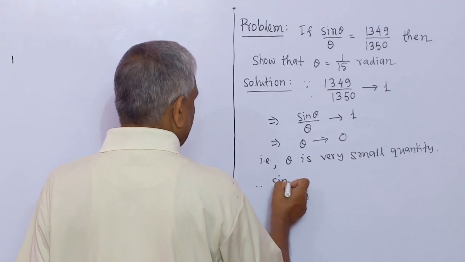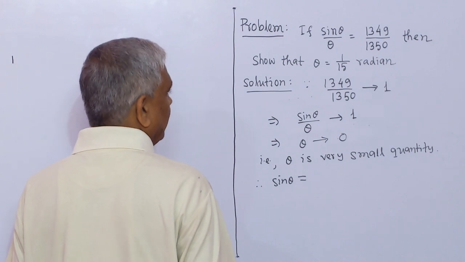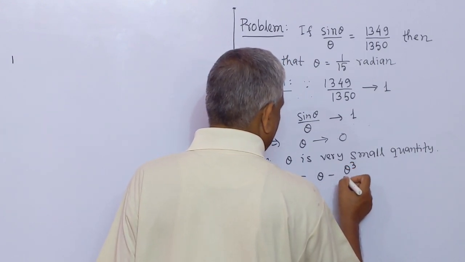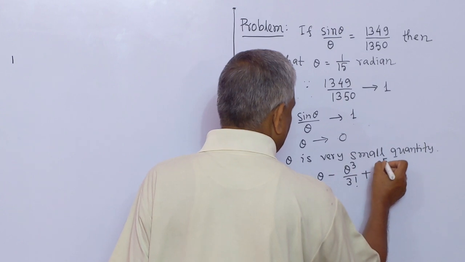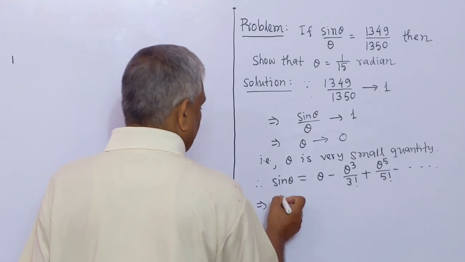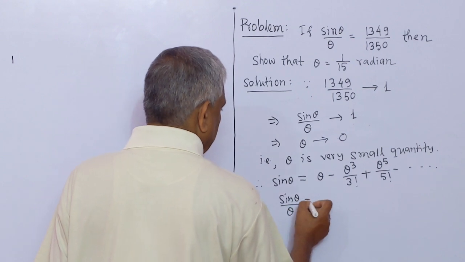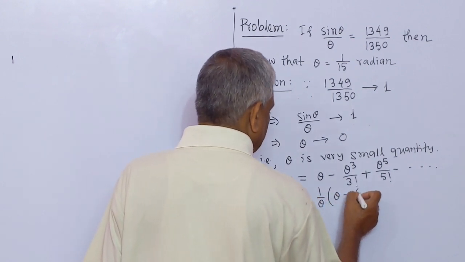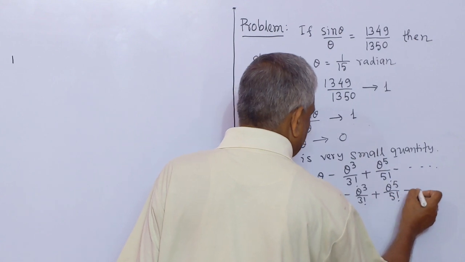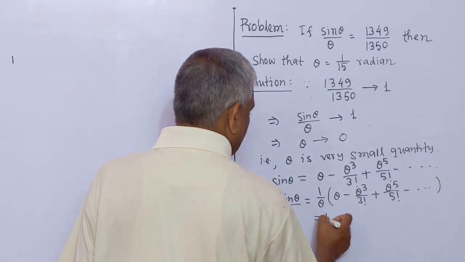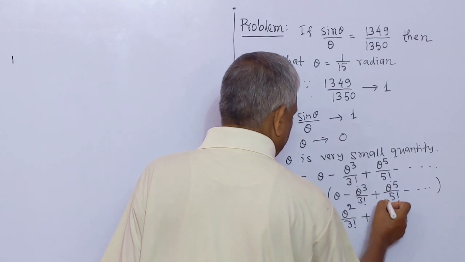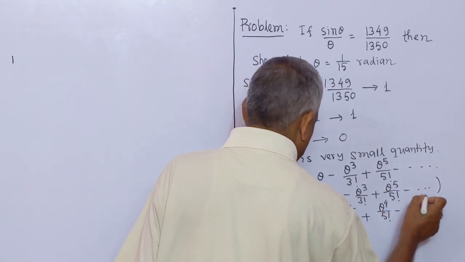Therefore, sine theta may be expanded in powers of theta as sine theta equals theta minus theta cube by factorial 3 plus theta to the power 5 by factorial 5 minus dot dot dot, which implies that sine theta by theta equals 1 by theta, theta minus theta cube by factorial 3 plus theta to the power 5 by factorial 5 minus dot dot dot, and this equals 1 minus theta square by factorial 3 plus theta to the power 4 by factorial 5 minus dot dot dot.